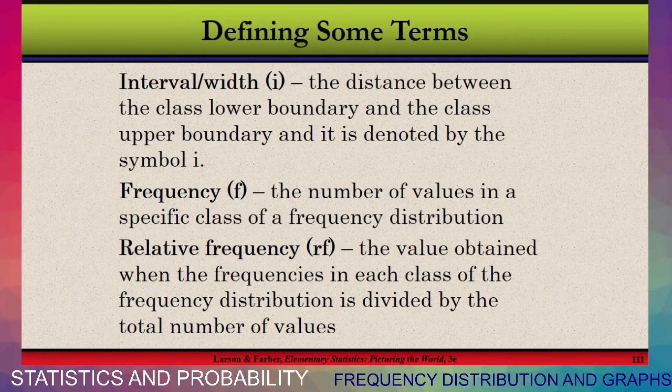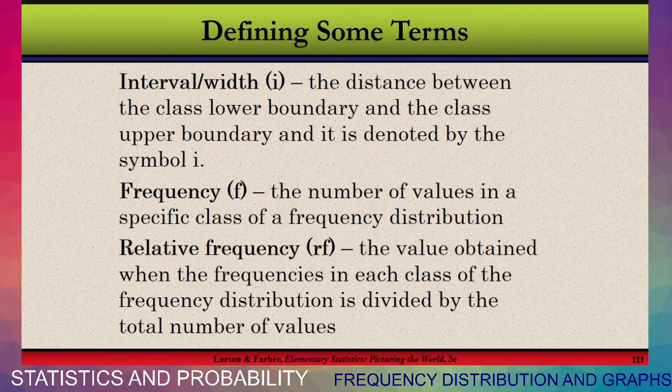Then, ito-total natin yung frequency ng ating class limits. Frequency yung bilang ng ating per class limits. Pagpaplasin natin yun, then pag nakuha na natin yung total nun, siya yung total number of values or ito yung tinatawag na N. Okay? So, ibig sabihin, si frequency, i-divide mo sa total number of values which is N para makuha mo yung relative frequency.